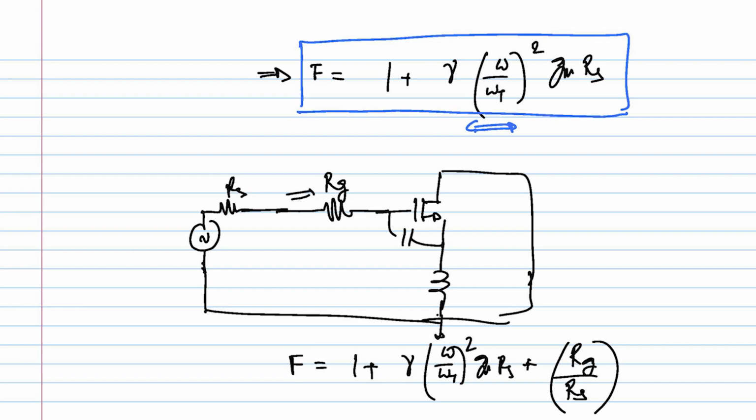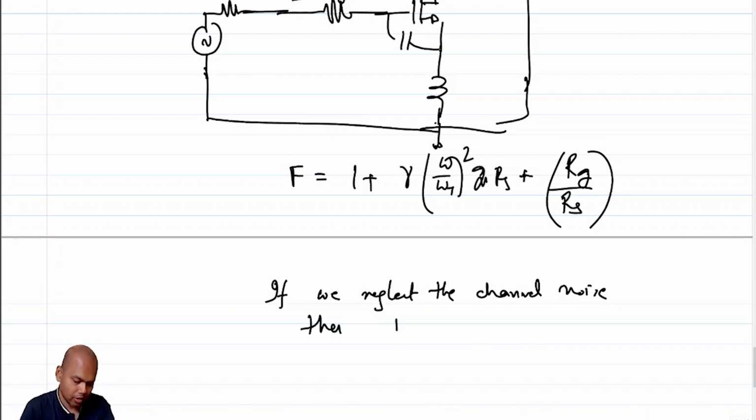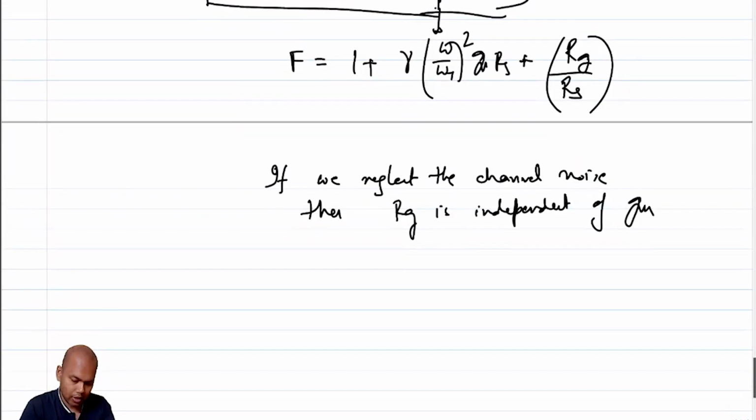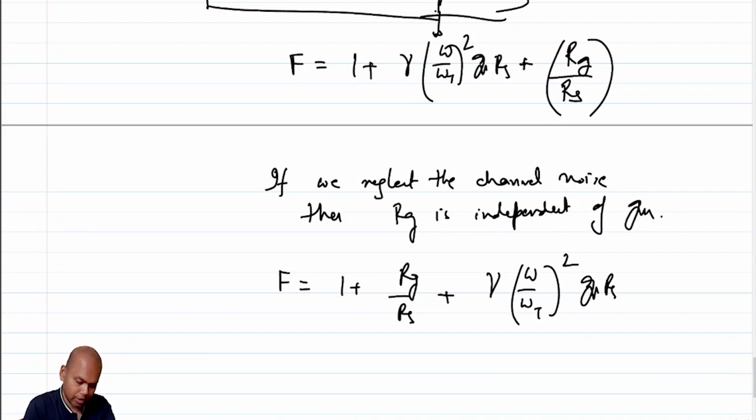Now note that if we neglect the channel noise, then Rg is independent of Gm, right? And in that case, f becomes Rg over Rs plus gamma omega by omega t whole square Gm times Rs.